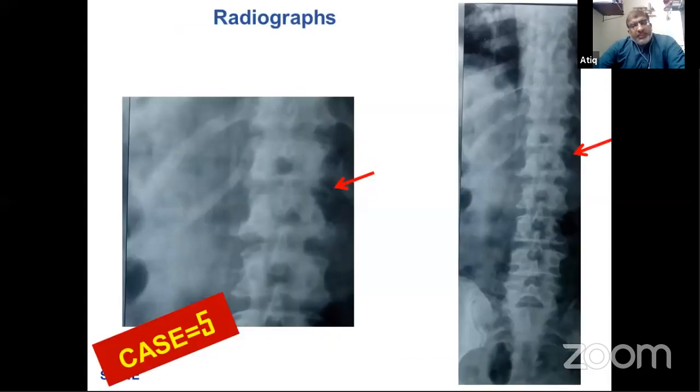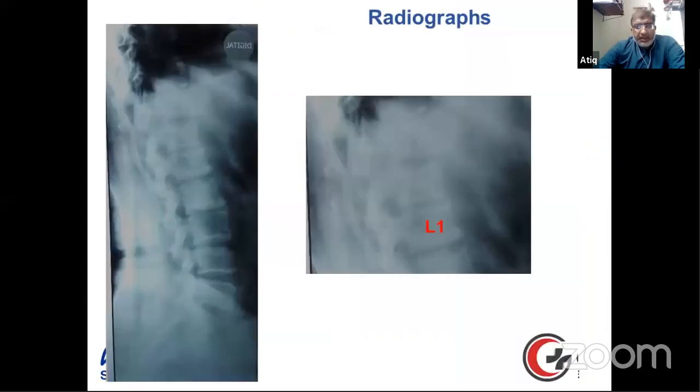Now, this is another case of a 50-year-old female who presented with pain in the lower back. Although the thoracolumbar junction was not so tender, she had radiating pain to the left lower limb, but she was neurologically intact.